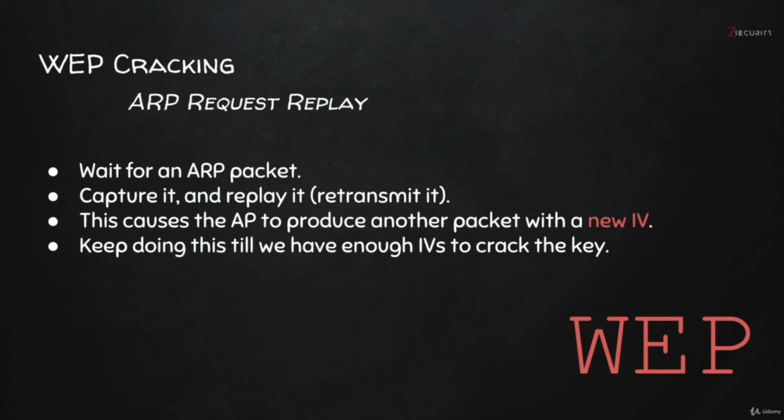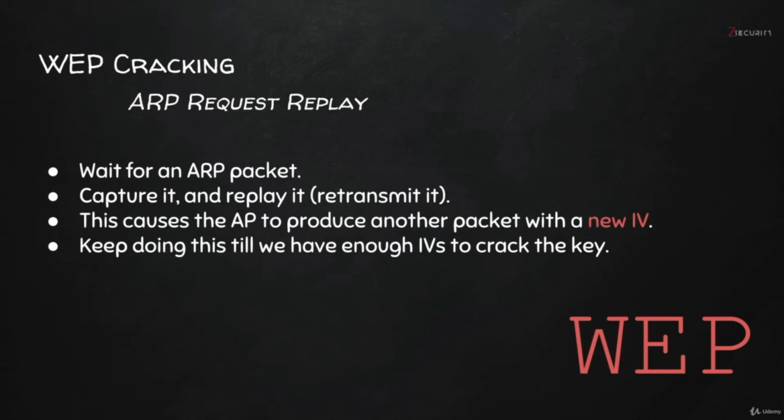Once we do this, the router is forced to generate a new packet with a new IV. So, by repeating this process, we will be forcing the router to continuously generate new packets with new IVs. Then, once we have enough data, once we have enough IVs, we can run Aircrack-ng exactly as we seen before and crack the key.